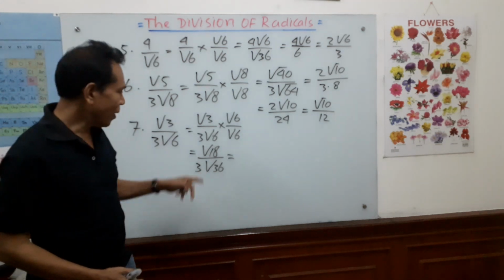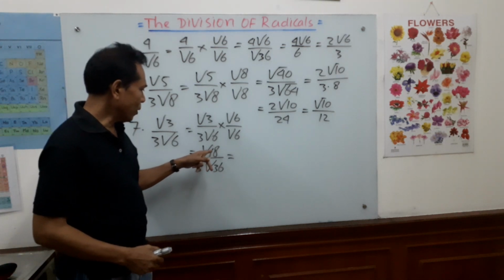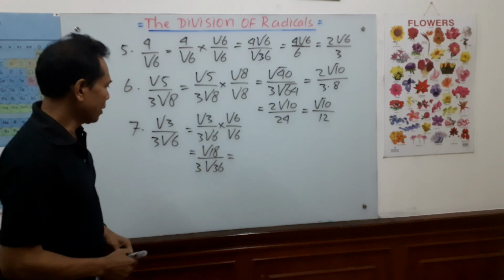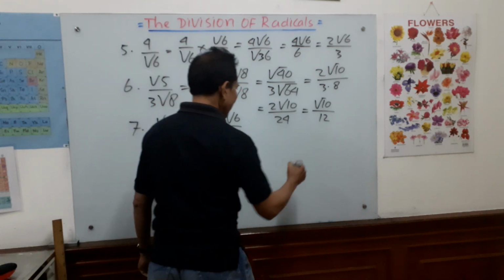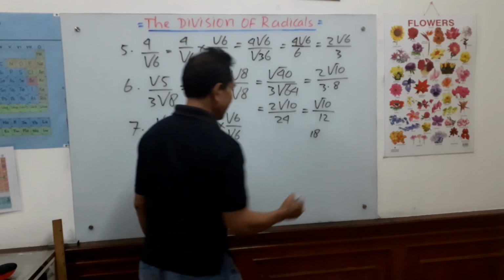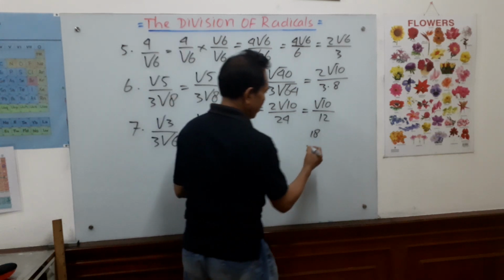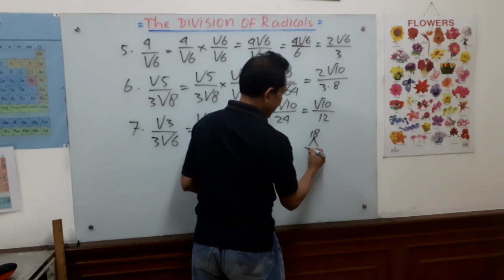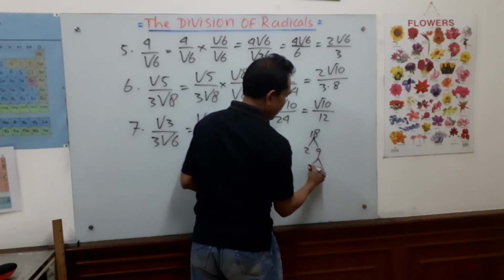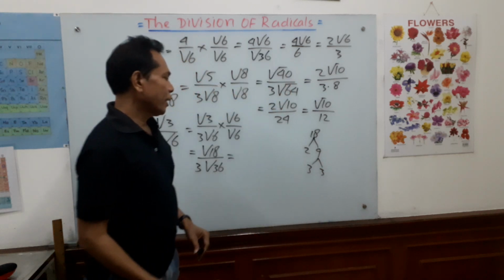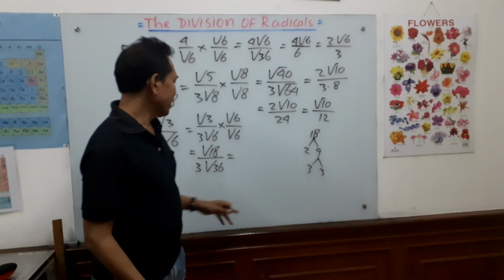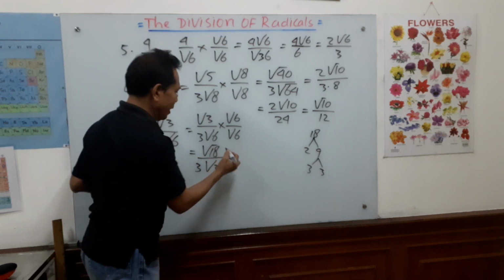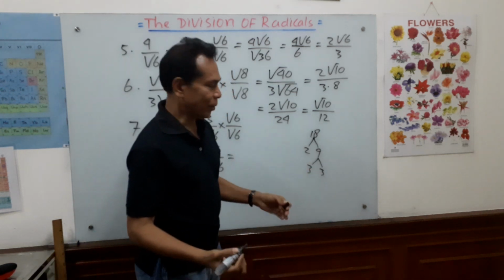Now we need to simplify square root 18 and square root 36. So let's take square root 18 and we put it there. We use factors: 2, 9, and 3. Remember, 18 is under square root, so all the numbers we have here are also under square root.